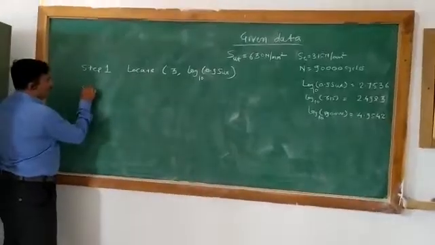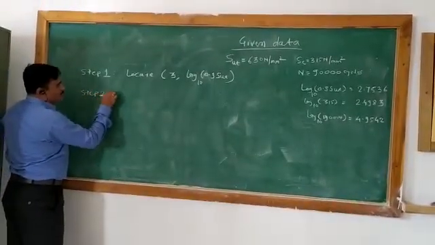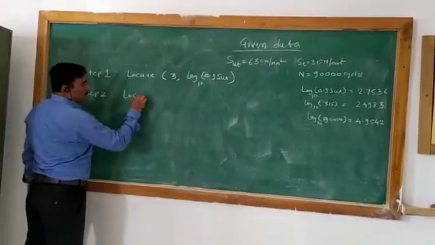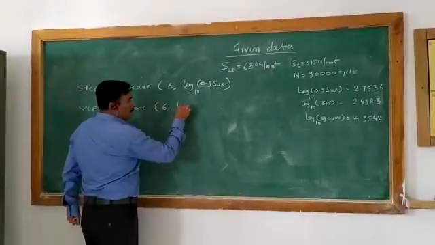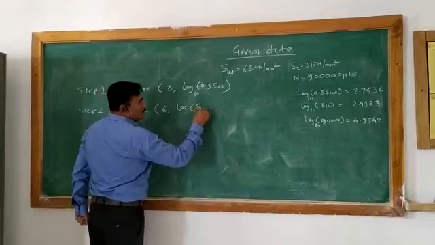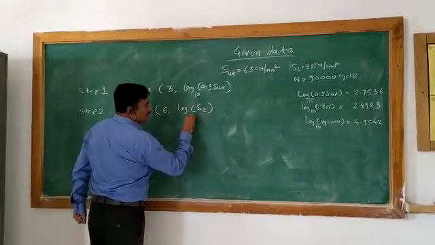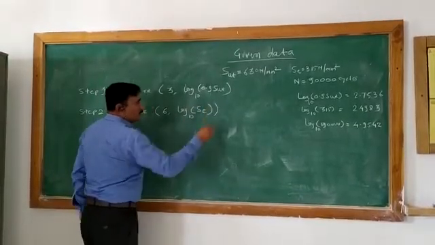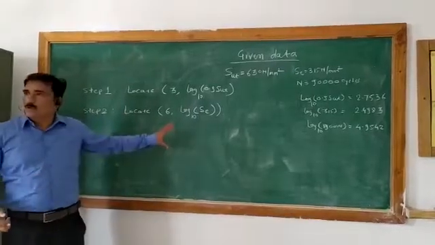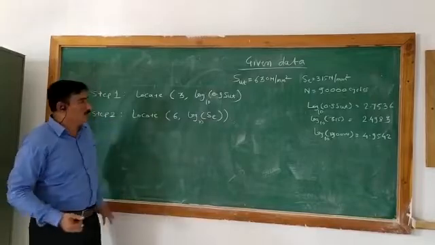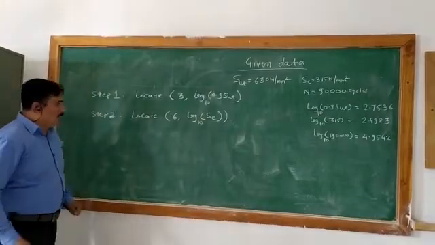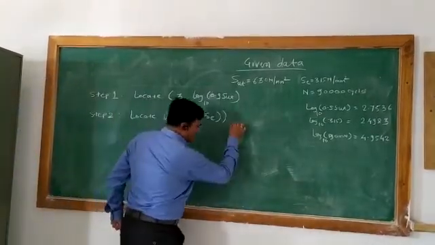Step 2, locate another coordinate (6, log of SE to the base 10). This will be the second coordinate for your SN curve, where SE is the corrected endurance limit of that particular component. Now I will draw this SN curve.